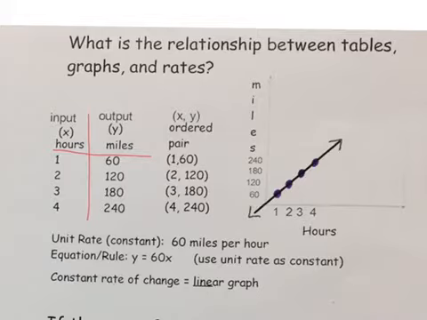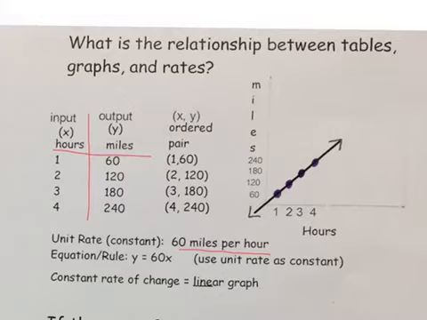The second one is going to be 2 for your x and 120 for your y, and so on. So the unit rate is 60 miles per hour, and that's listed right here, 60 miles per hour. The equation would be y is equal to 60x.